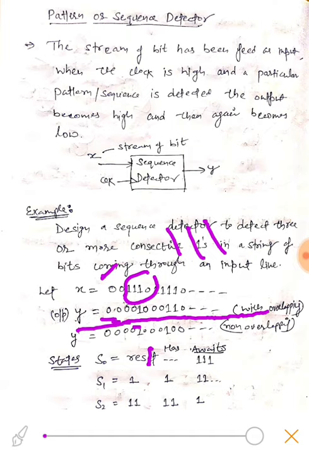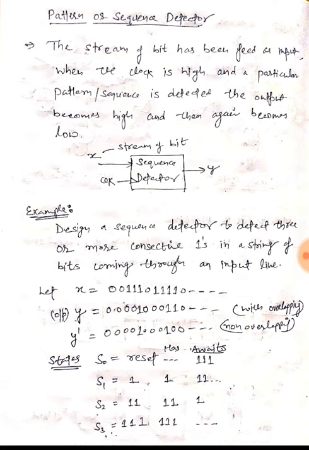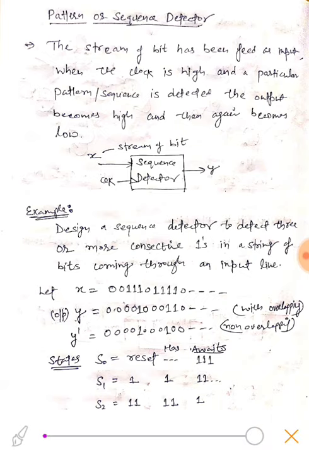This is we are considering with overlapping also. If overlapping is allowed, let's see. For the third one we get the output 1. Now again it's 0, so output again becomes 0. Now input is 1, it remains 0. Again input is 1, it remains 0. When three consecutive ones are there, the output becomes high again.